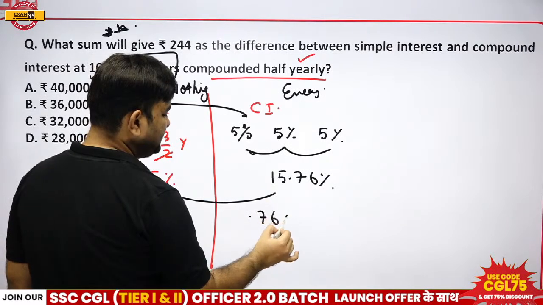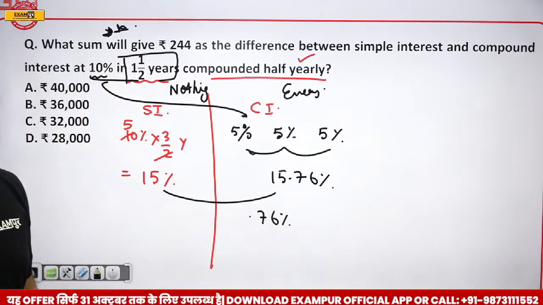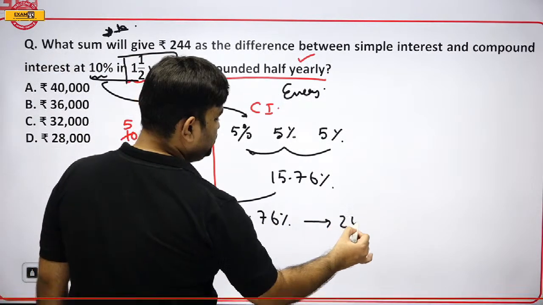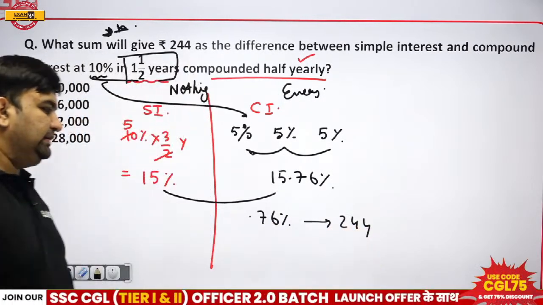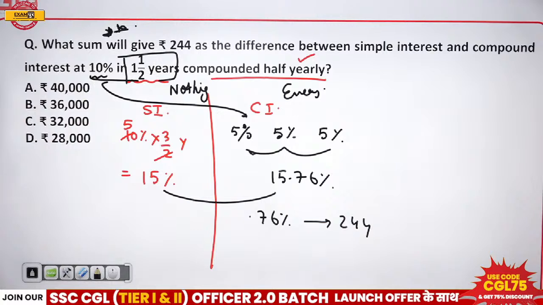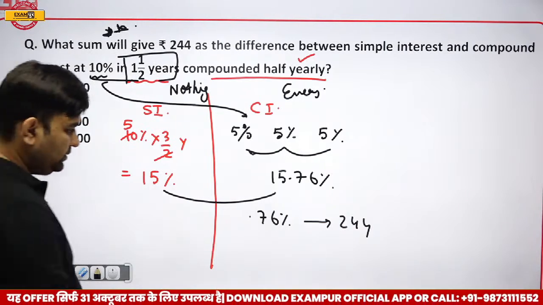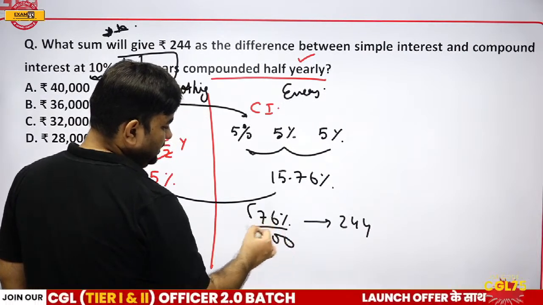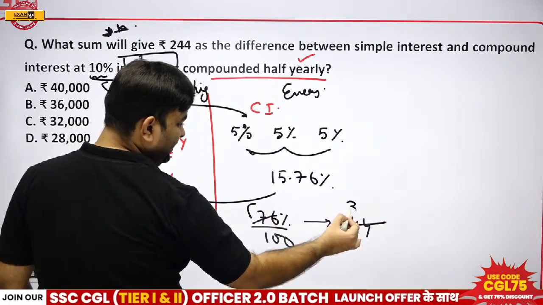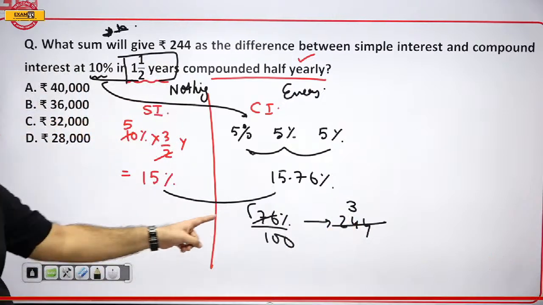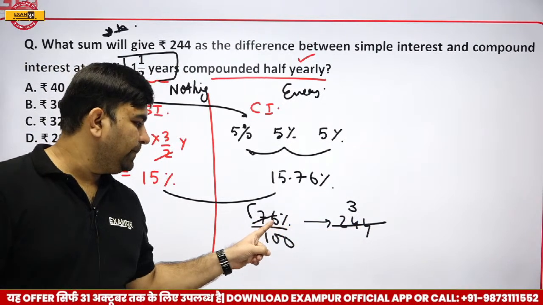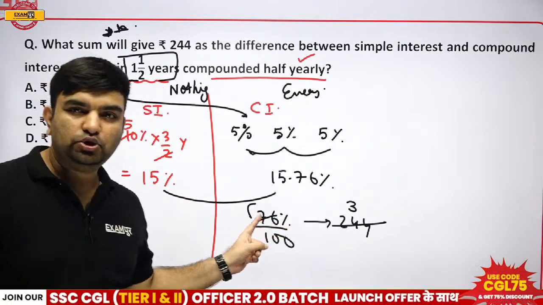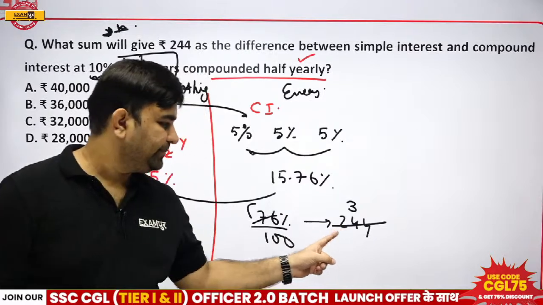Difference 0.76%, which is given as 244. 0.76 into 3 is 228.